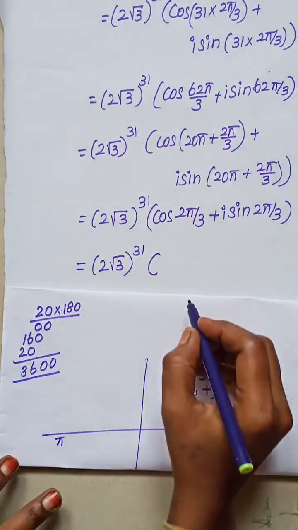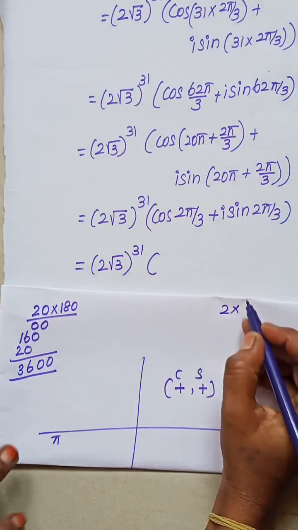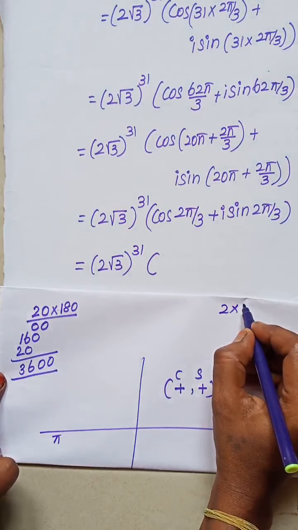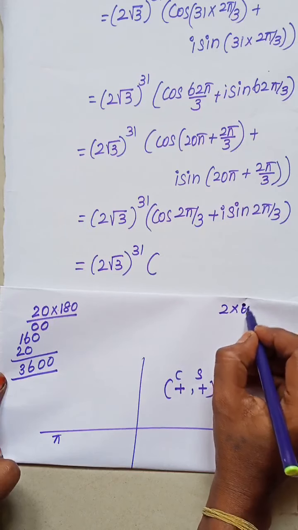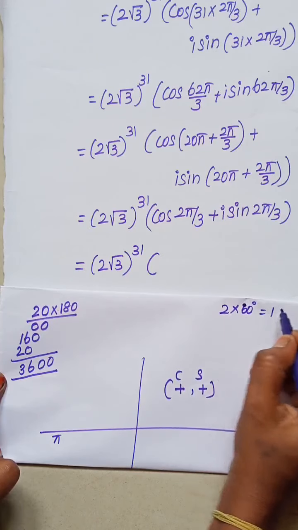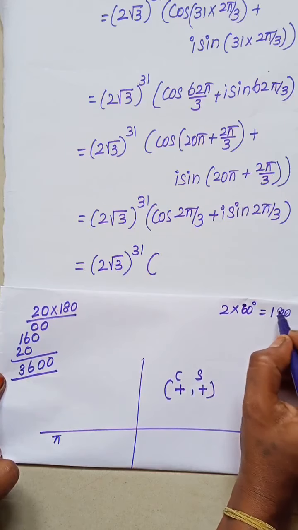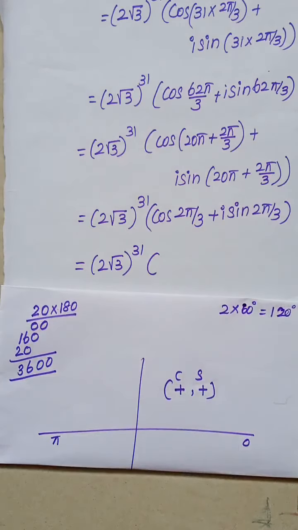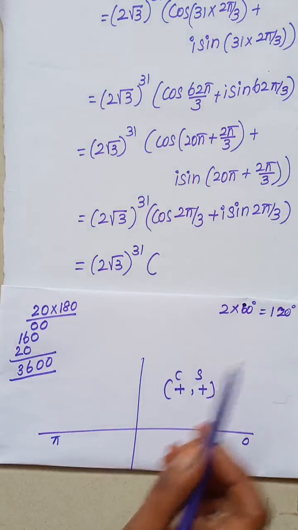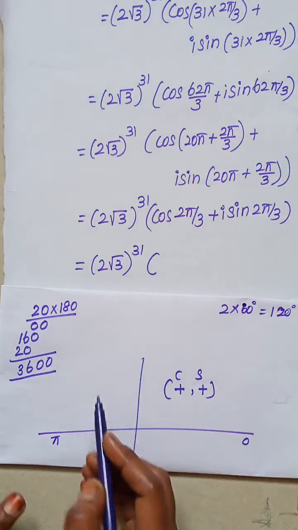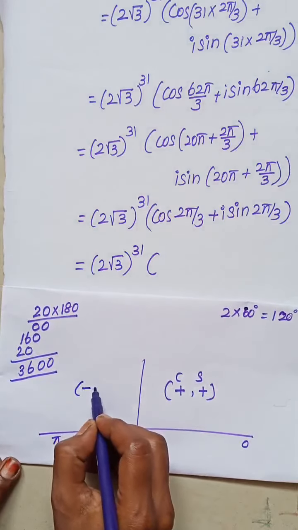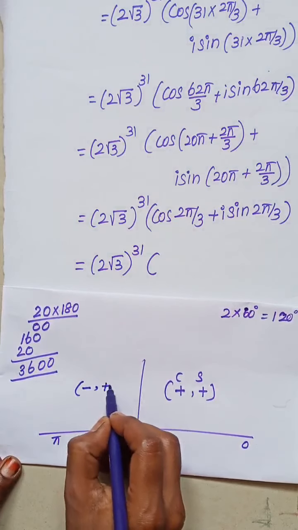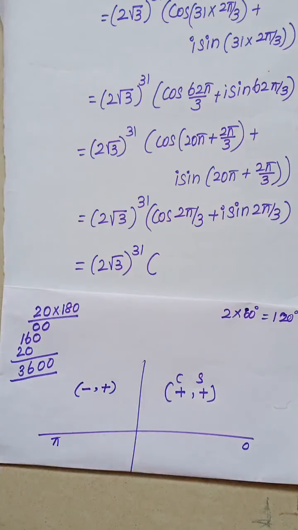First find the value of 2 pi by 3. Pi by 3 is nothing but 60 degrees, so 2 into 60 degrees is 120 degrees. So 120 degrees lies in which quadrant? Second quadrant. In the second quadrant, cos value is negative, sin value is positive.